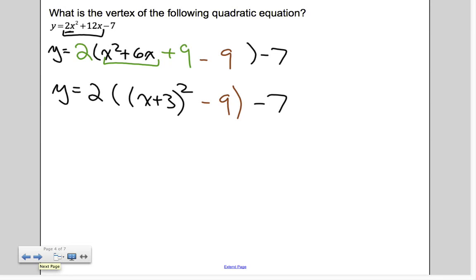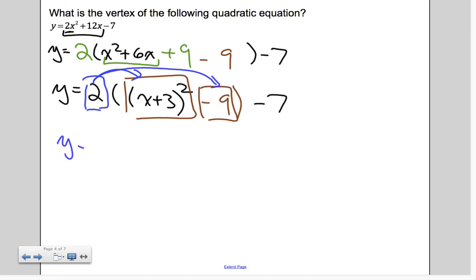Are we done? No, not quite. We have an extra set of brackets there. So we need to remove that by doing our distribution rule. We take our 2, and we want to multiply against this and against that. So we get y is equal to 2 times x plus 3 quantity squared, plus 2 times negative 9, minus 7.